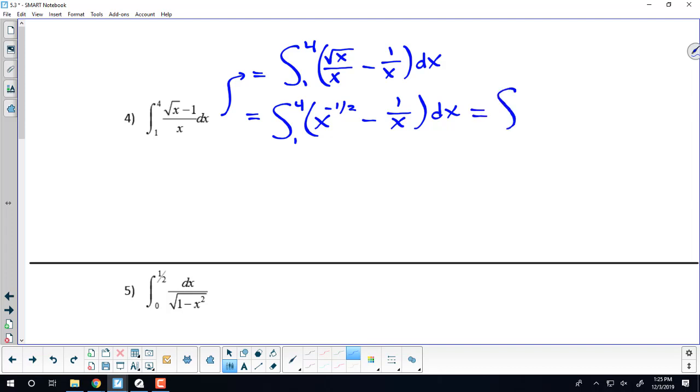So we're going to split this up into two different antiderivatives. Yeah, I guess you don't necessarily have to do that. So what is the antiderivative of x to the negative 1/2?